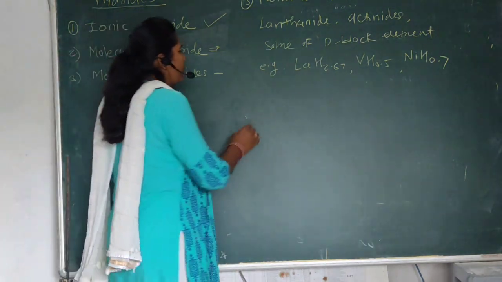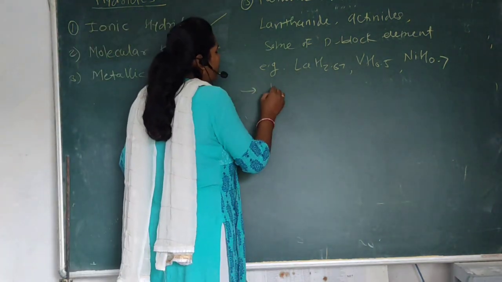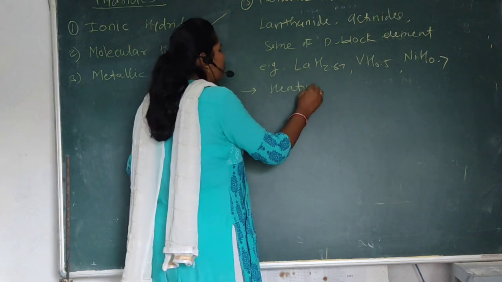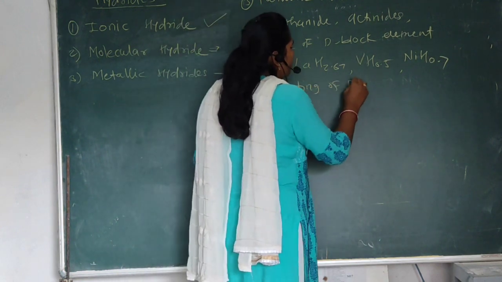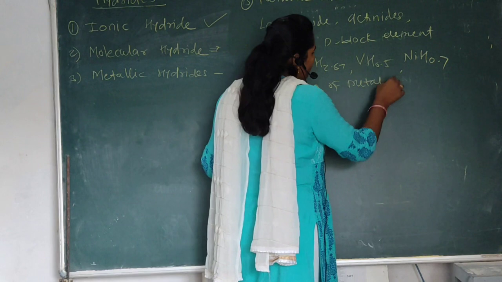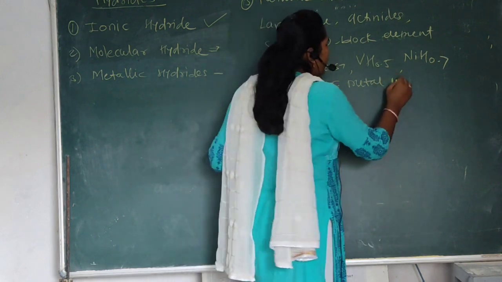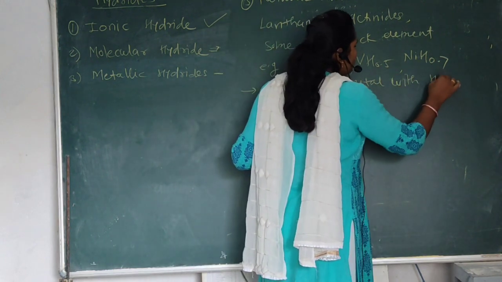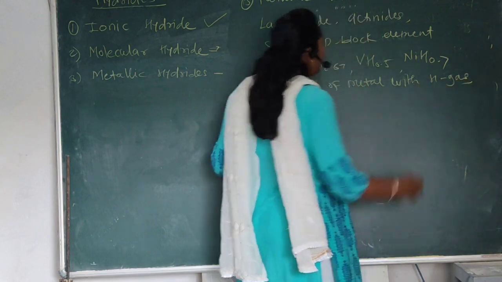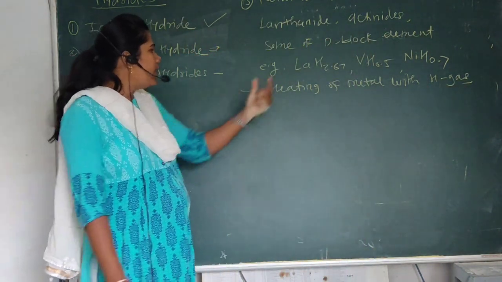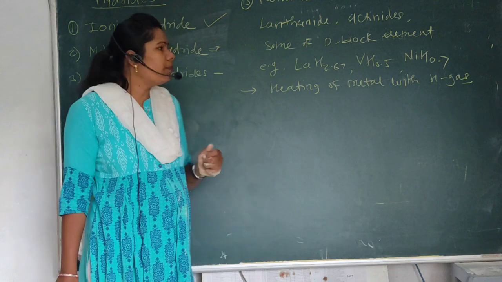Let me see how it is prepared. It can be prepared by heating the metal with hydrogen gas. Here these lanthanides have a different proportion.